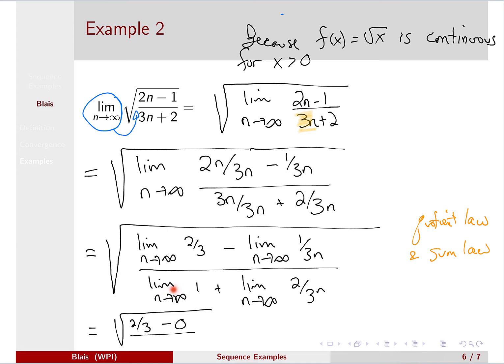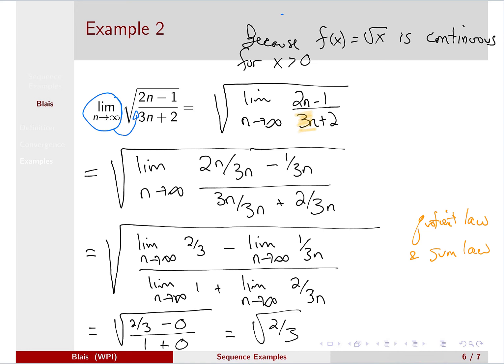For the first term in the denominator, the limit as n goes to infinity of 1 is, of course, just 1. And with a similar argument to the numerator term on the right, 2 over 3n, as n is getting huge, the denominator is getting huge with a fixed numerator, so that term goes to 0, and we get the square root of 2/3.